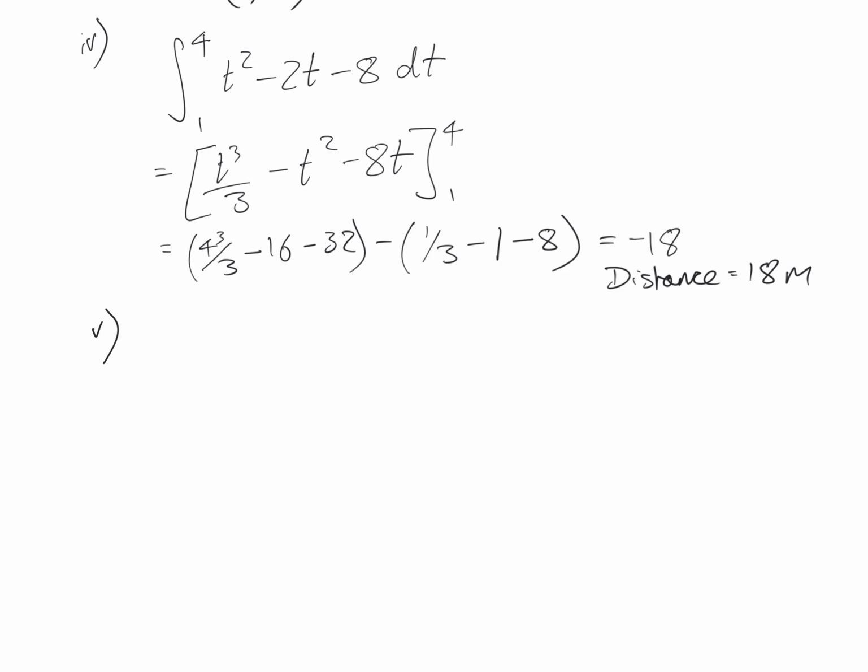Part 5. Write down the distance travelled by the insect in the time interval minus 2 to 4. Slightly weird.